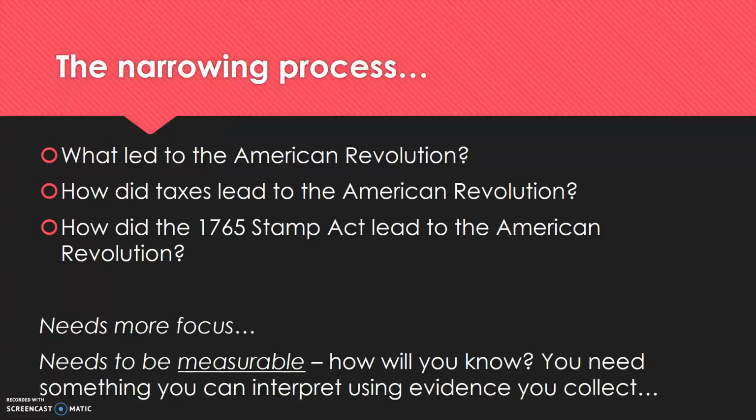Well, this is a little bit easier to work with because now looking at the effects of the 1765 Stamp Act is easier than looking at the effects of every single tax that Britain imposed. So I've got it a little more narrow. But figuring out how the Stamp Act led to the American Revolution is still kind of a broad leap. So I do need more focus.